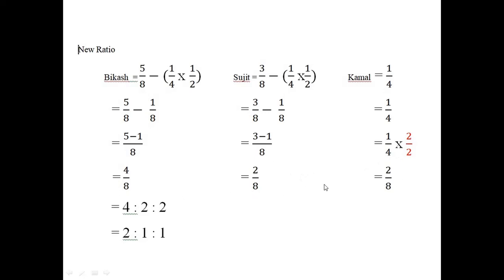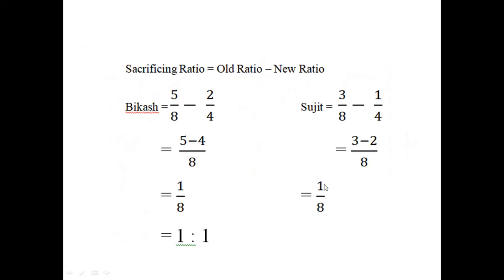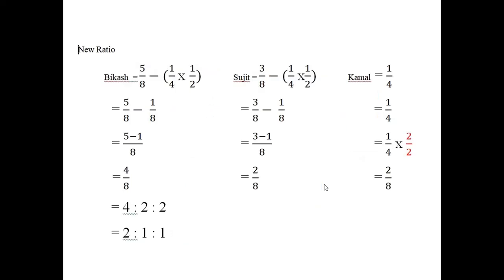Now let us move on to sacrificing ratio, which is very simple. Just put the formula and get the ratio. Like in the previous solution, that is 61, I said that these subtracted items are actually the sacrificing ratio.